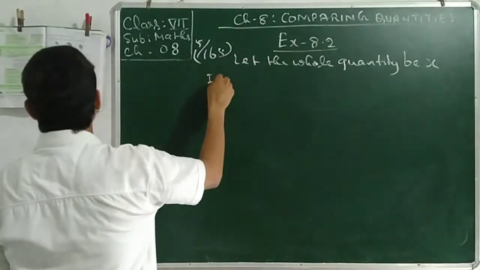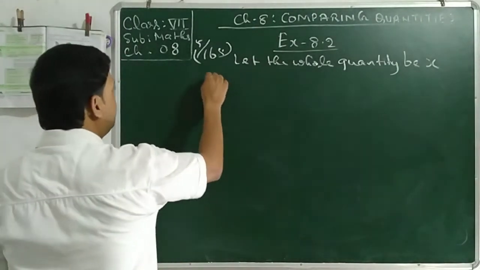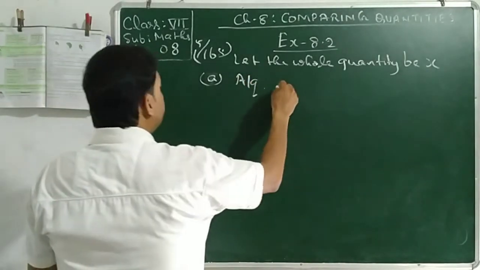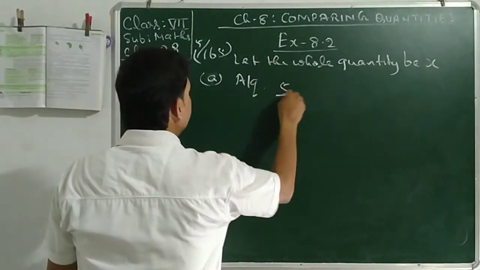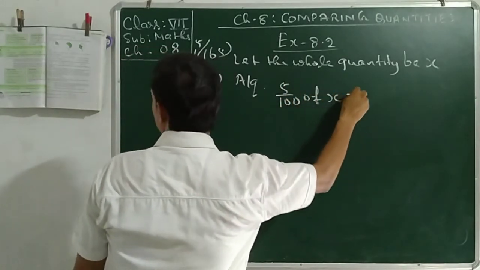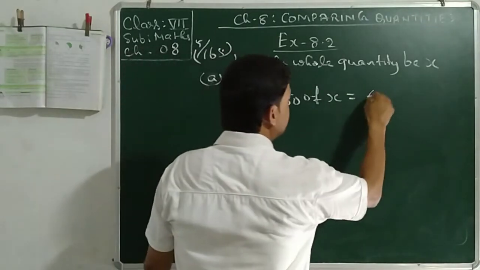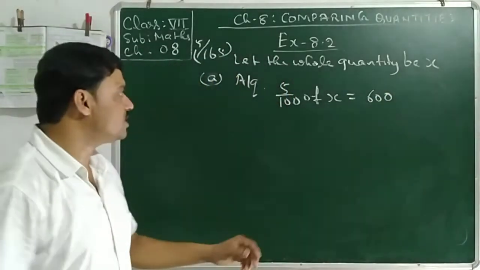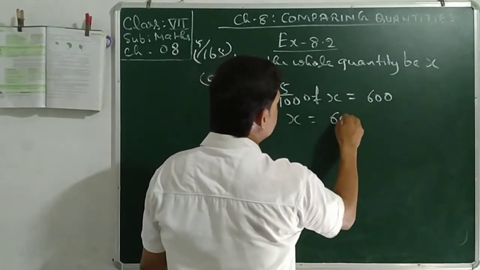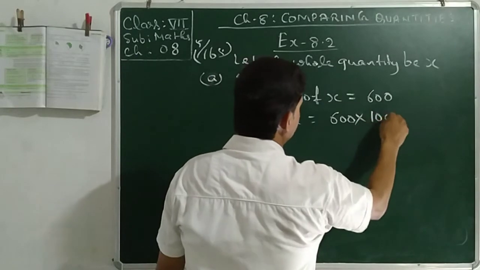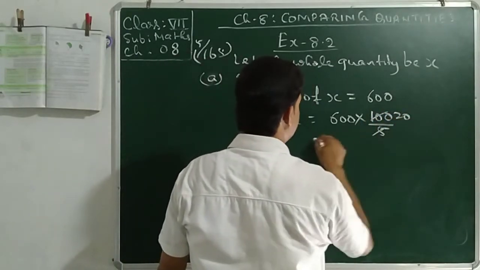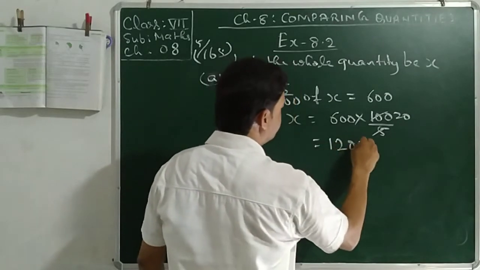Then in the A number, according to the question, 5/100 of x equals 600. Now easily you can find x: x equals 600 into 100/5. 5 20s are 100, that is 1200.